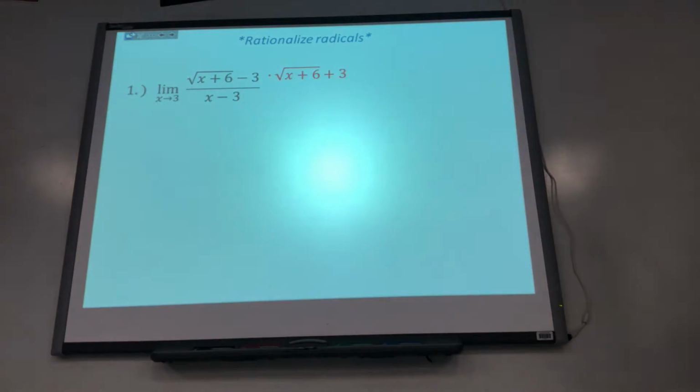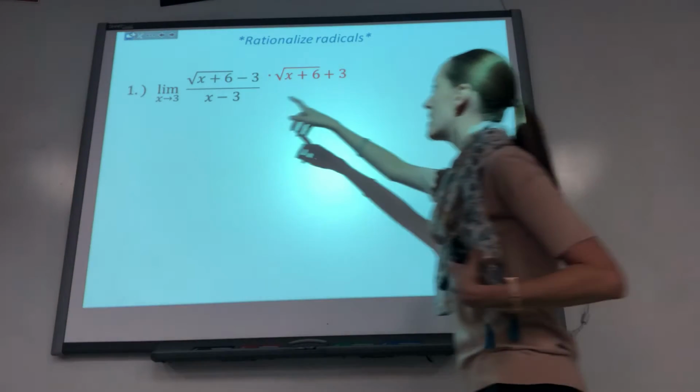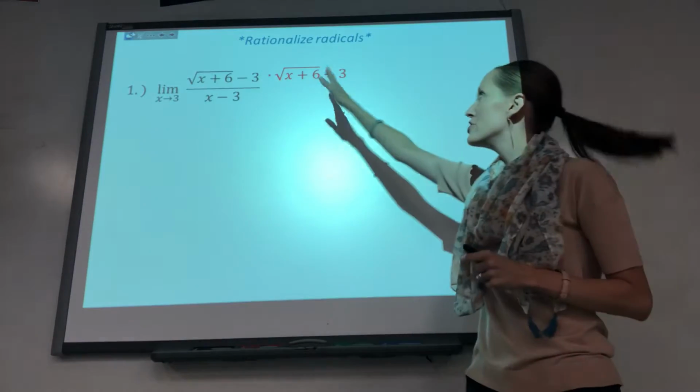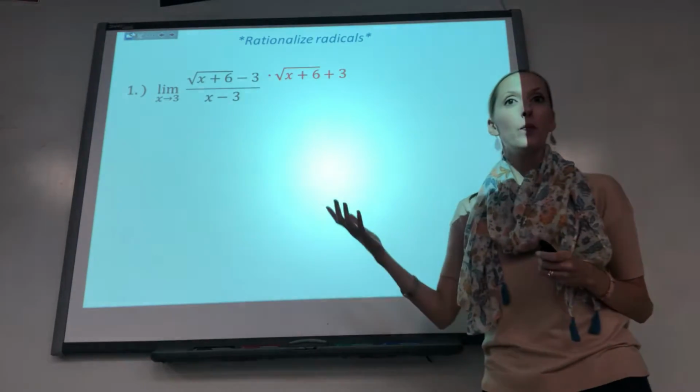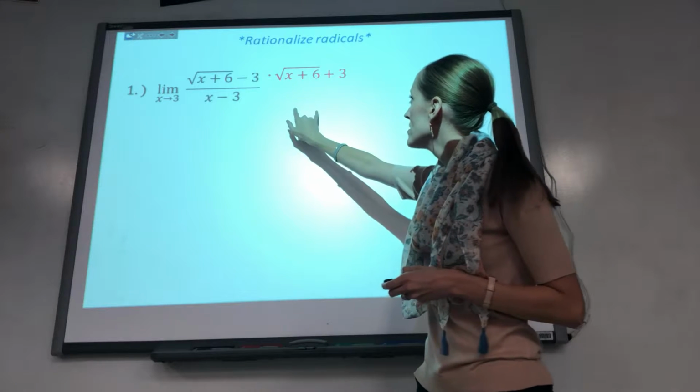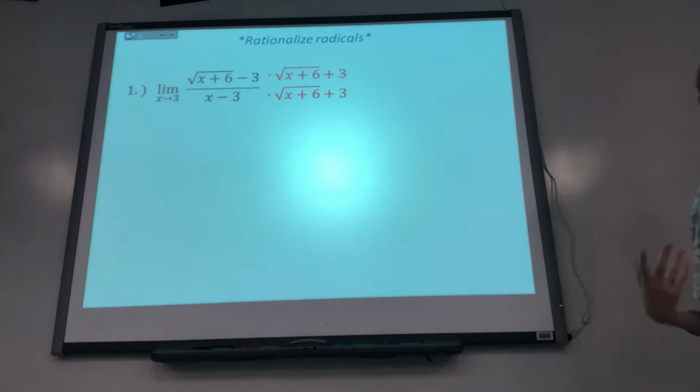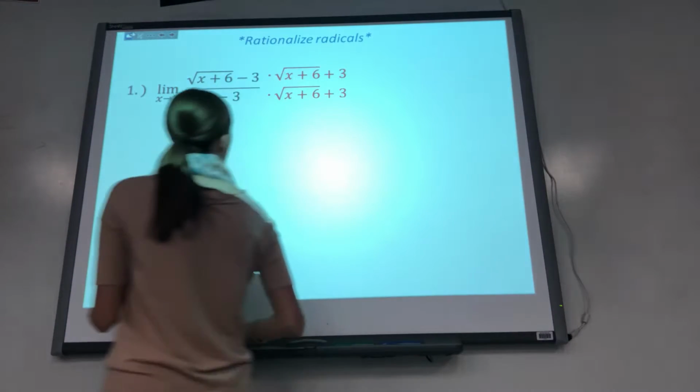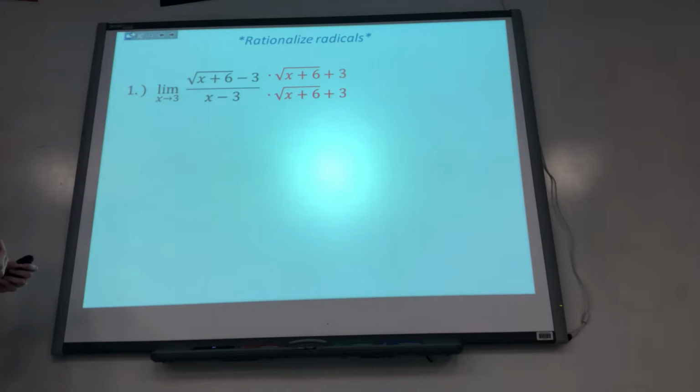Remember, the conjugate just changes the sign in the middle. You don't change the sign under the square root. It just changes the sign in the middle. Now, whatever I do on top of the fraction, I also have to do on bottom. So I'm multiplying by the conjugate on top and bottom.